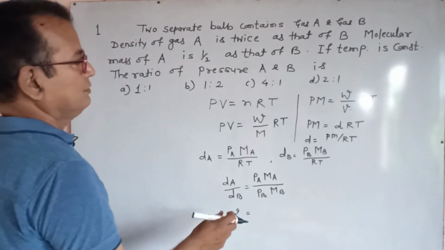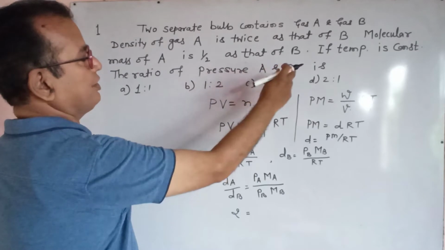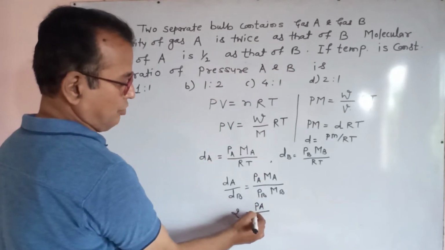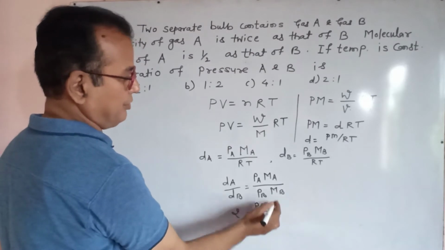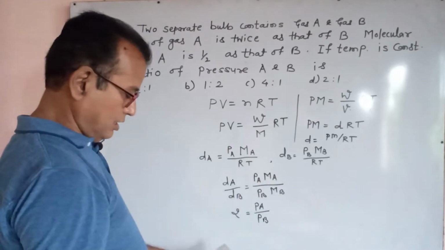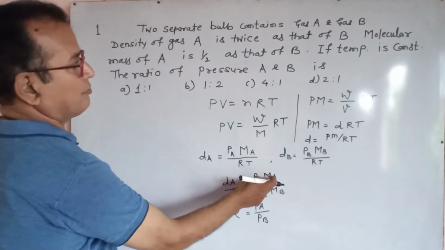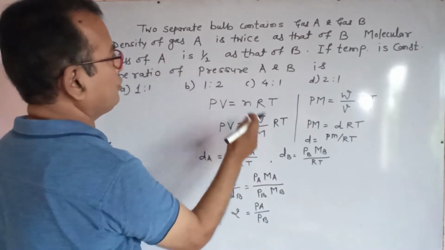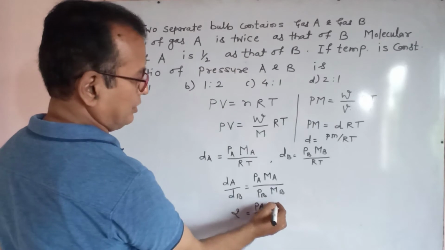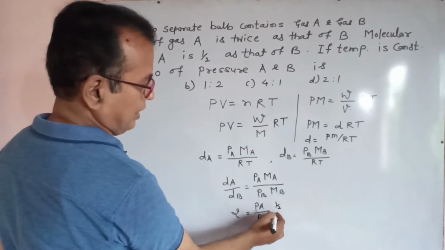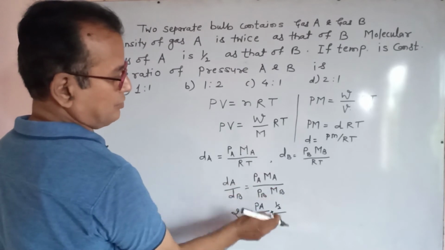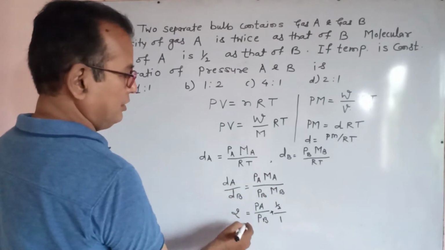Then you have to find the ratio of pressure of A and pressure of B, PA upon PB. But the molar mass of A and molar mass of B: the molecular mass of A is 1 by 2 that of B, so it is 1 by 2 and 1.